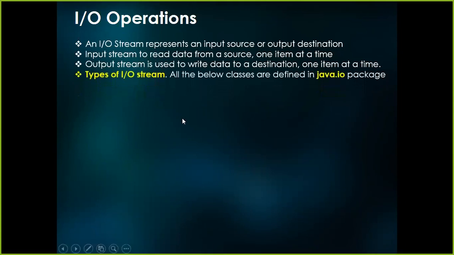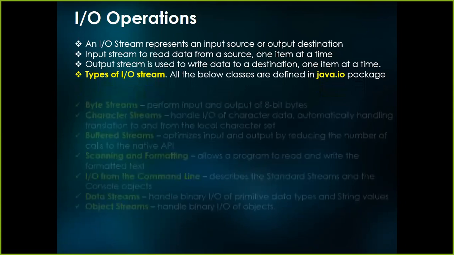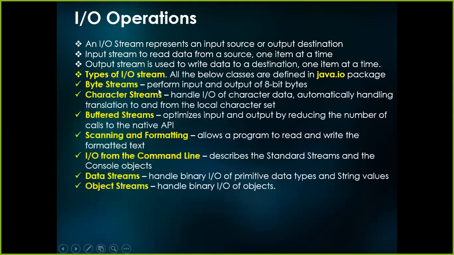Now, the types of input-output streams, there are many. The byte streams read byte by byte, and character streams read character by character. In some cases these two will be similar, but there can be some characters which are longer than one byte.